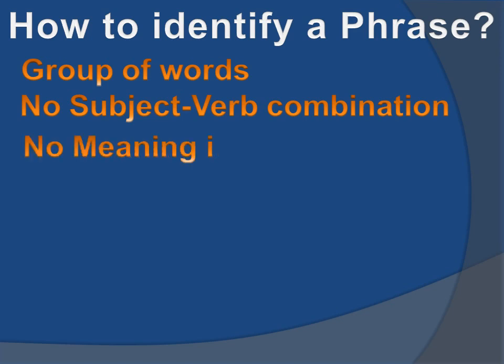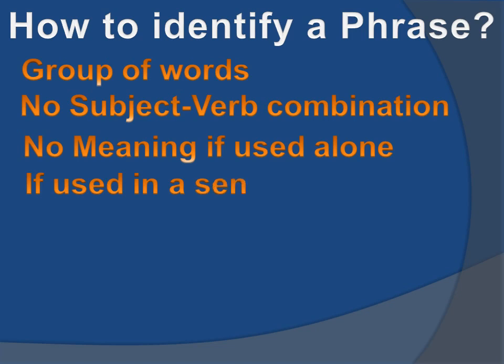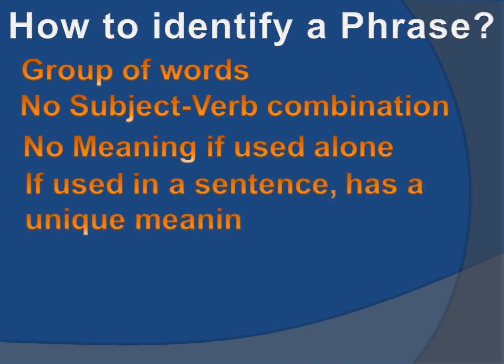No meaning if used alone. That means if a phrase is used alone, it will not give a proper meaning. If used in a sentence, has a unique meaning. That means if it is used with the sentence, then it will definitely have a proper meaning.